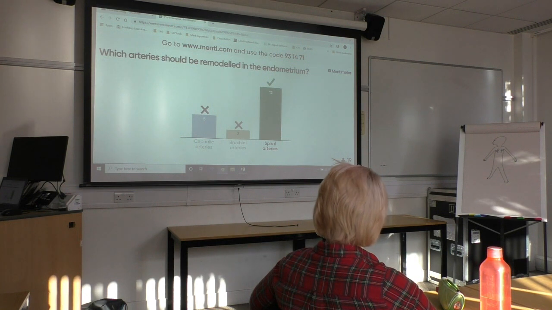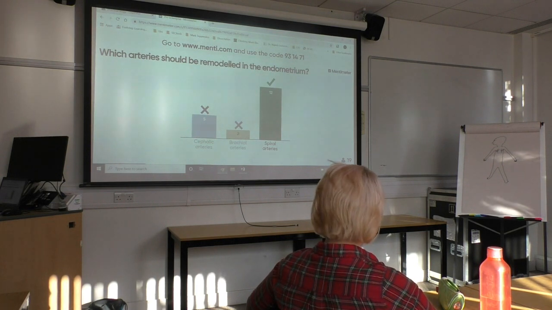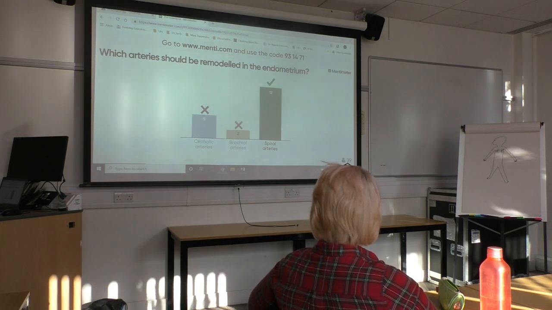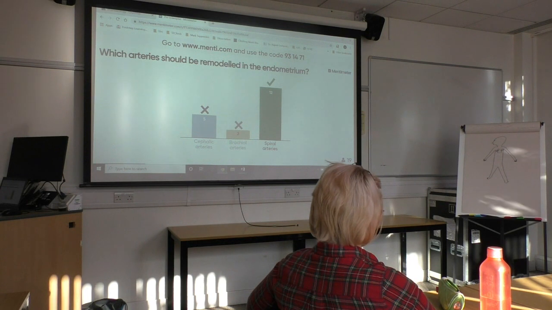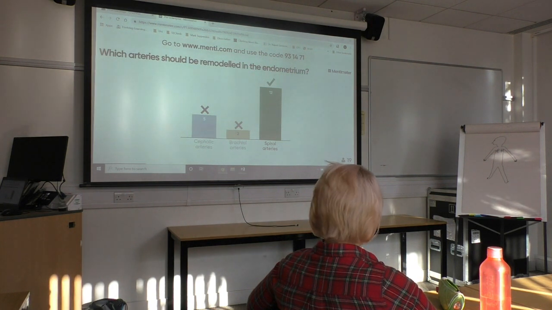And why are they called the spiral arteries? Yeah, it looked like a spiral. So, what was it that happens to them? The muscle gets eaten away at the inside and makes it bigger. It's a massive channel, that's it.